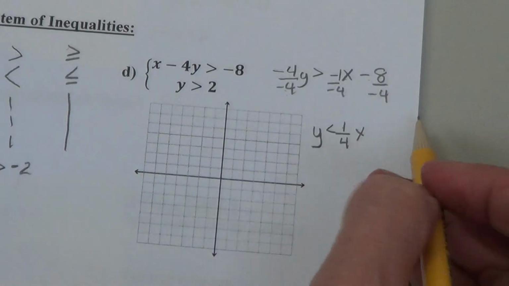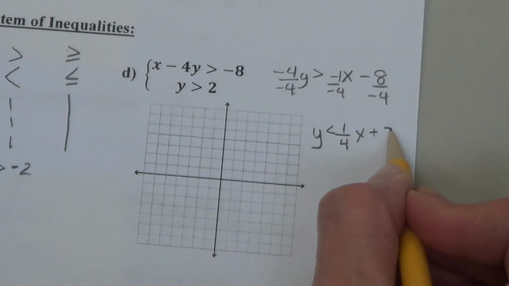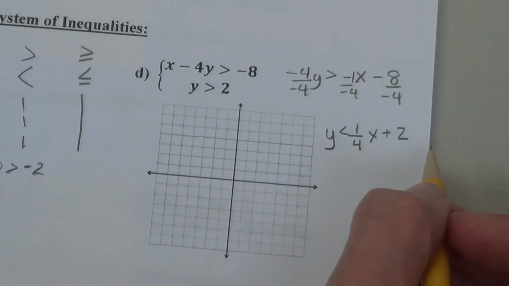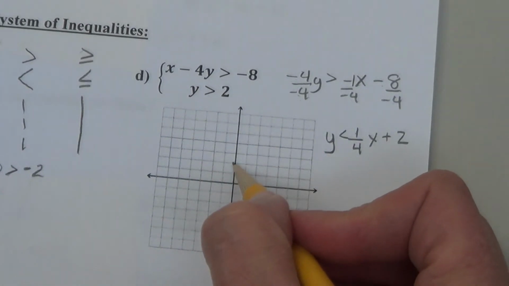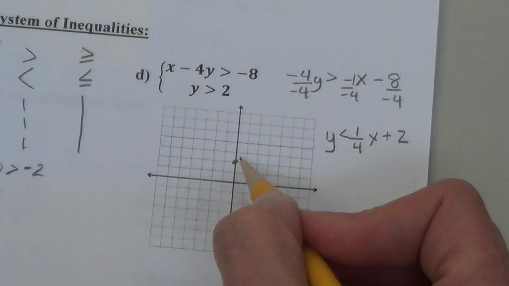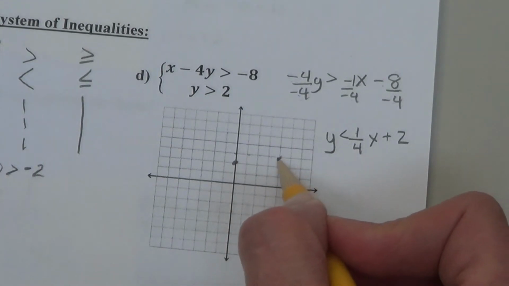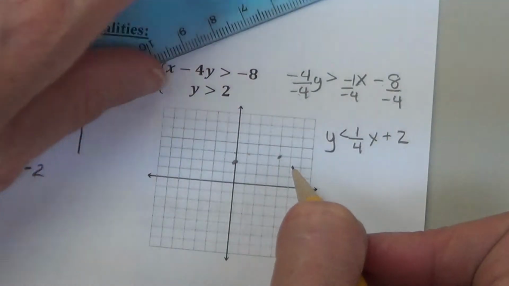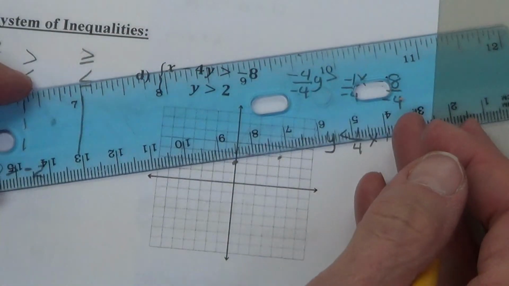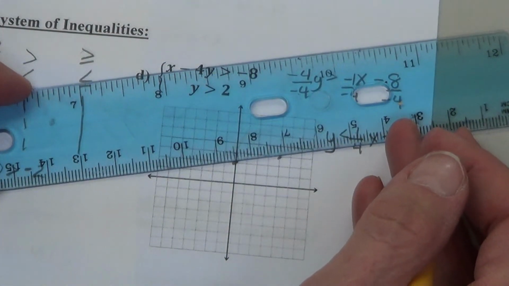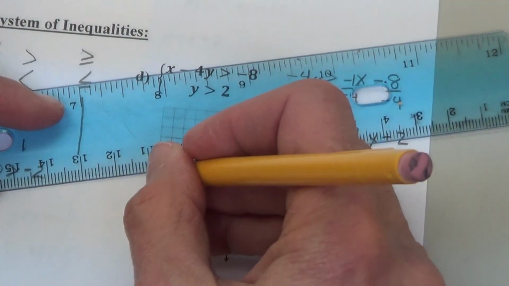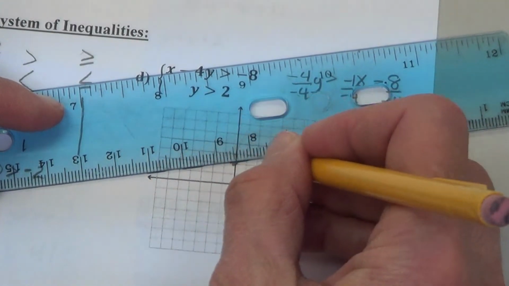Negative 8 divided by negative 4 is a positive 2. So our y-intercept is at positive 2. Our slope is rise 1, run 4. We're going to do a dashed line because it does not have that equal symbol underneath the inequality.